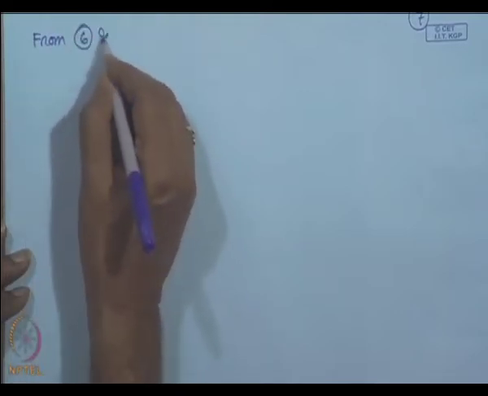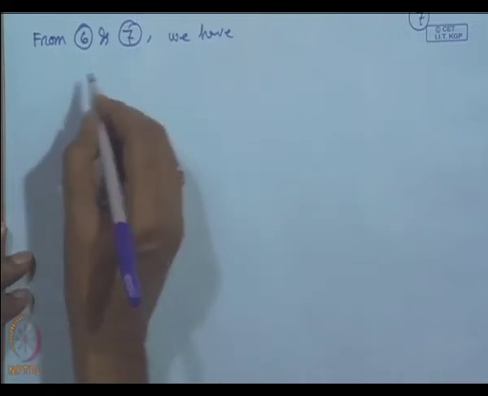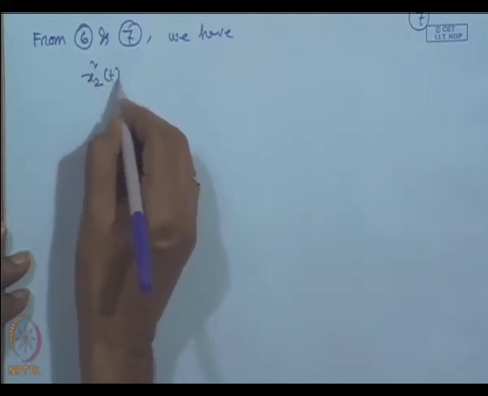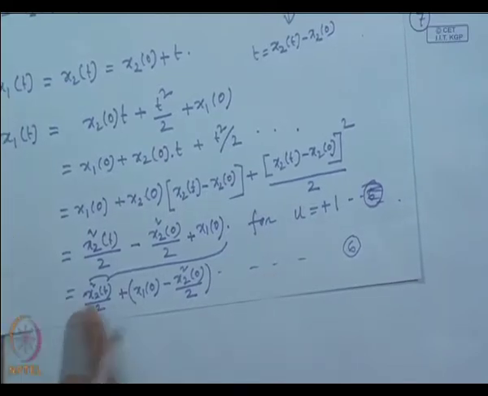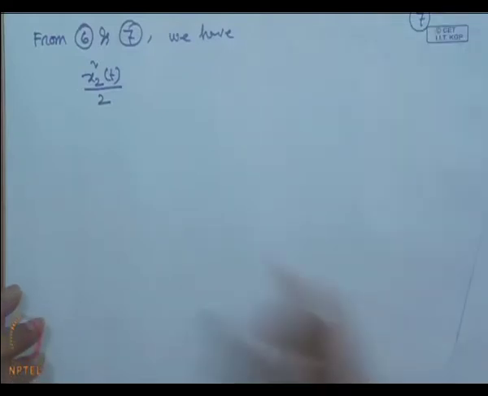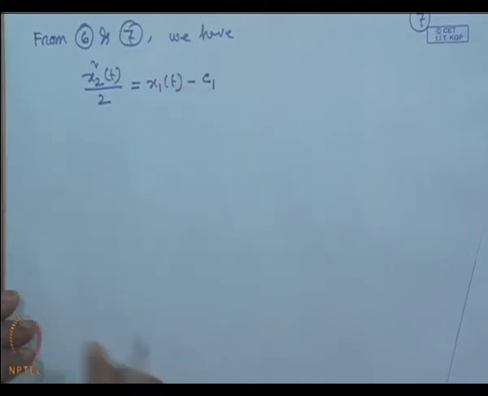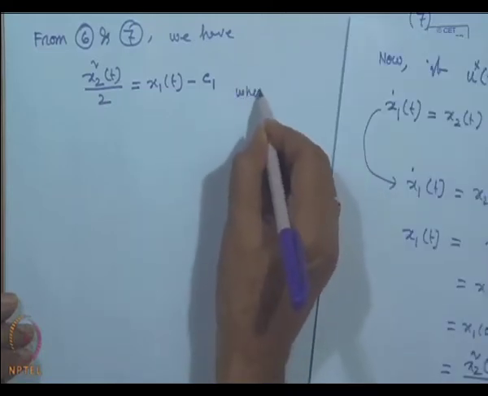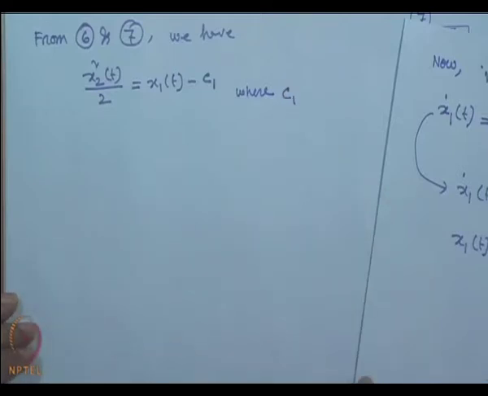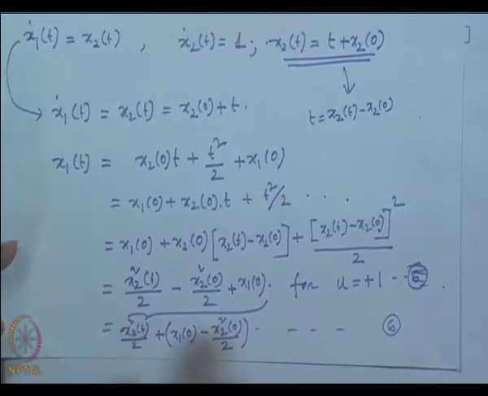From equations 6 and 7, we have x2 square of t by 2 is equal to x1 of t minus C1, where C1 is equal to x1 of 0 minus x2 square of 0 by 2.